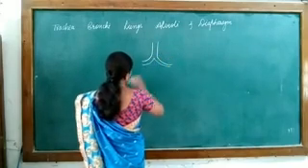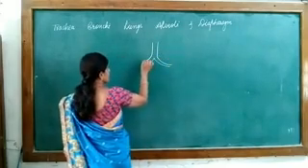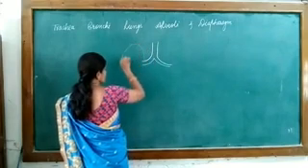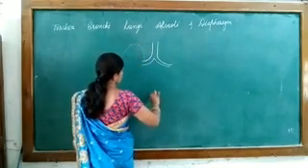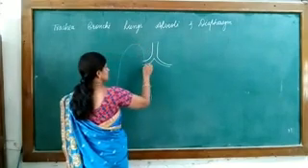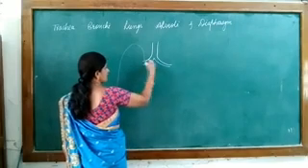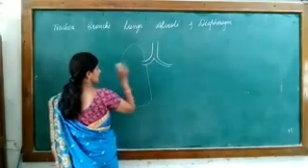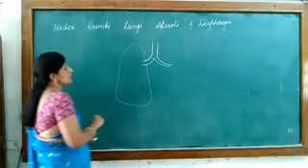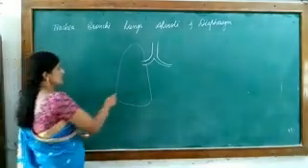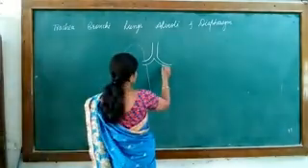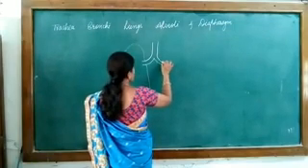The left branch is longer. The structure through which the bronchi enter the lungs is called the hilum. The general structure of the lungs is conical in shape. This one looks like a cone.